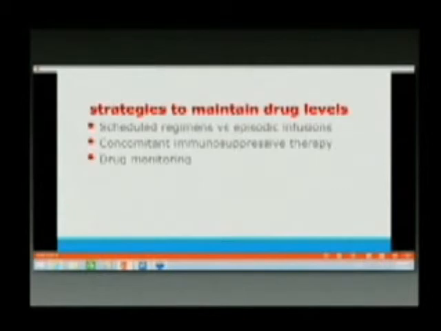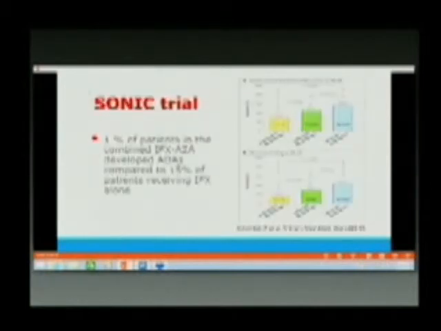In infliximab, for example, if you give it episodically, then there's a 60% chance your patients will develop antibodies. But when you maintain this patient on a scheduled maintenance regimen, then the percentage of patients who develop antibodies falls down to about 10 to 20%. Okay. Concomitant suppressive therapy, I guess this would be your SONIC trial and your SUCCESS trial.